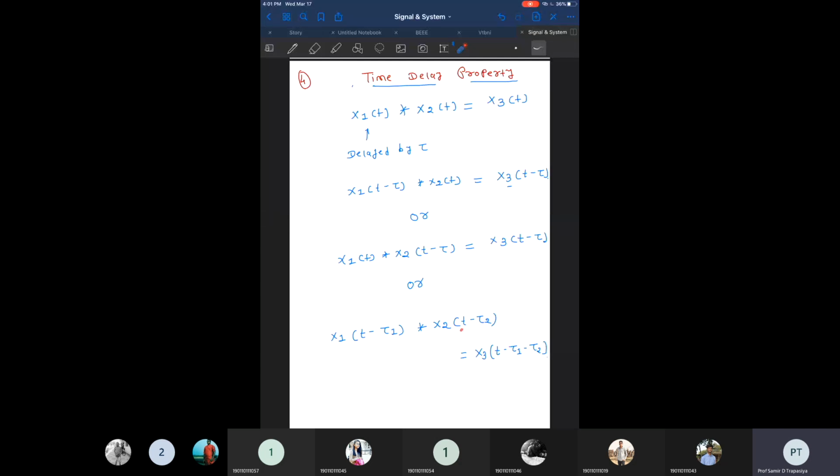Let's say you have the signal x of t, which is a rectangular function of t, right?